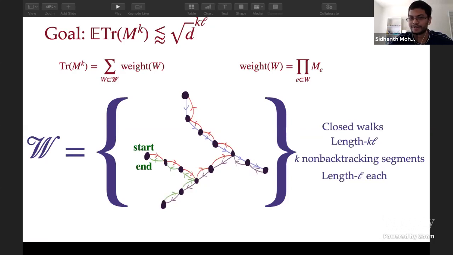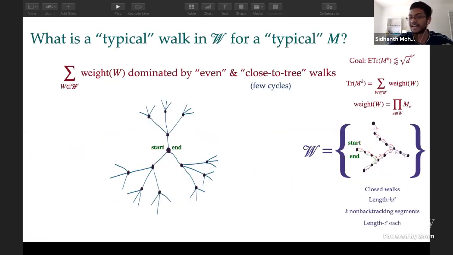So I'm going to perform a sleight of hand and fast forward to where the next interesting thing happens. Here, by waving my hands a little bit, I'm going to say that this trace of M to the k, which is a sum over walks of the weight of w, is dominated by a very small number of walks with very nice structure.